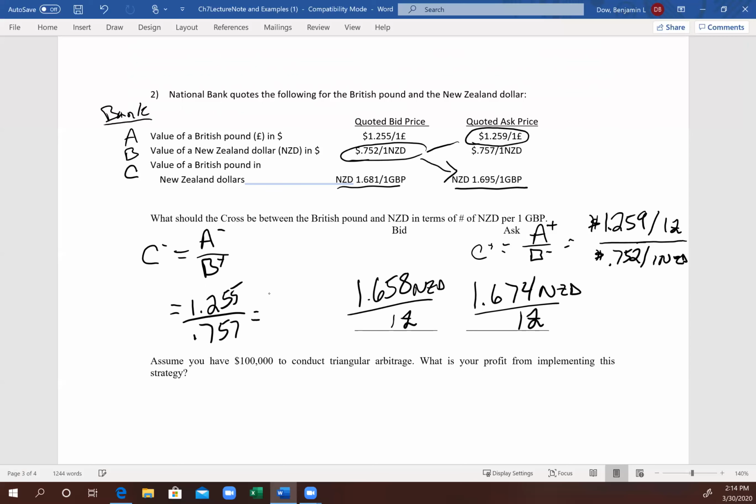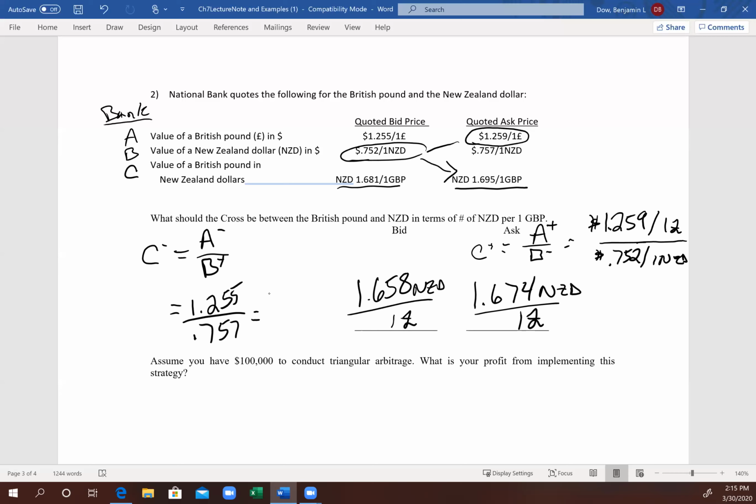per pound. Now, looking at what the bid and ask should be, what we'll notice is both of these numbers are below what Bank C's quote is. Because both of these numbers are below Bank C's quotes, we know that Bank C is not in equilibrium. Now the question is, where does the advantage lie?